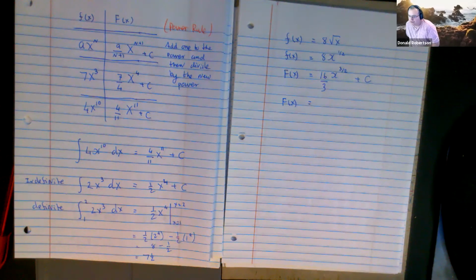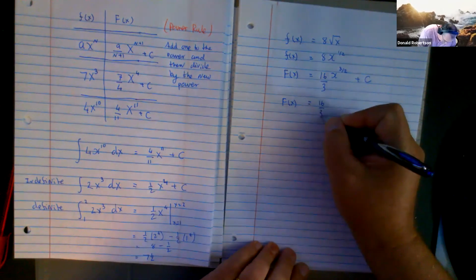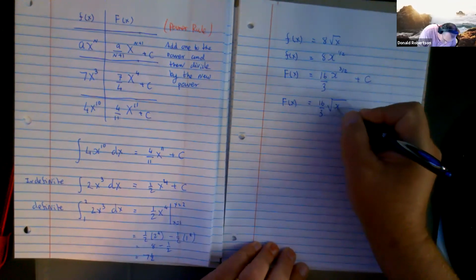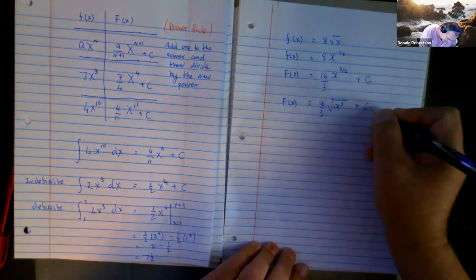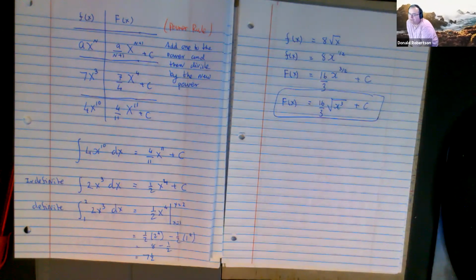Wasn't the original question 8 square root of x? Shouldn't the antiderivative look like that guy? Which means that we really should, that is the style point version of that answer.